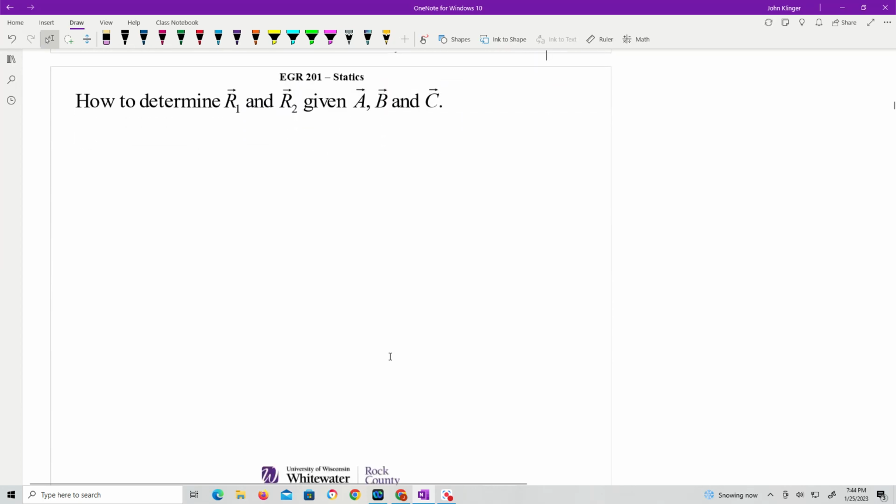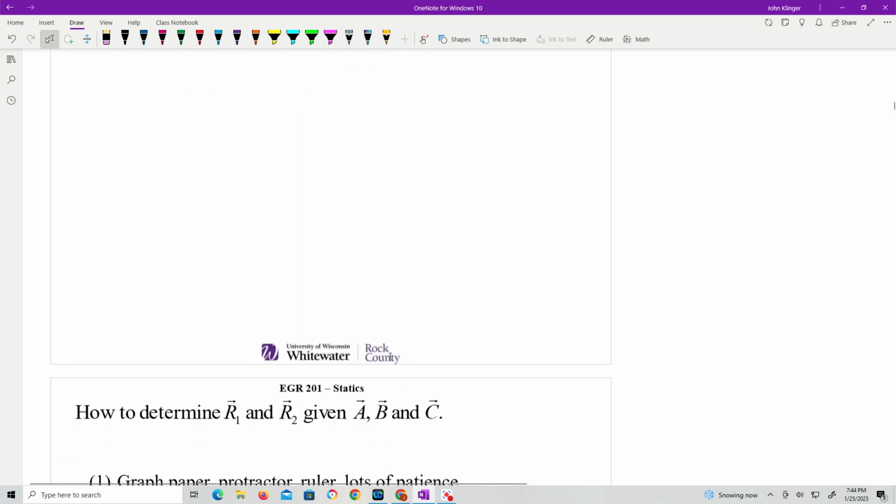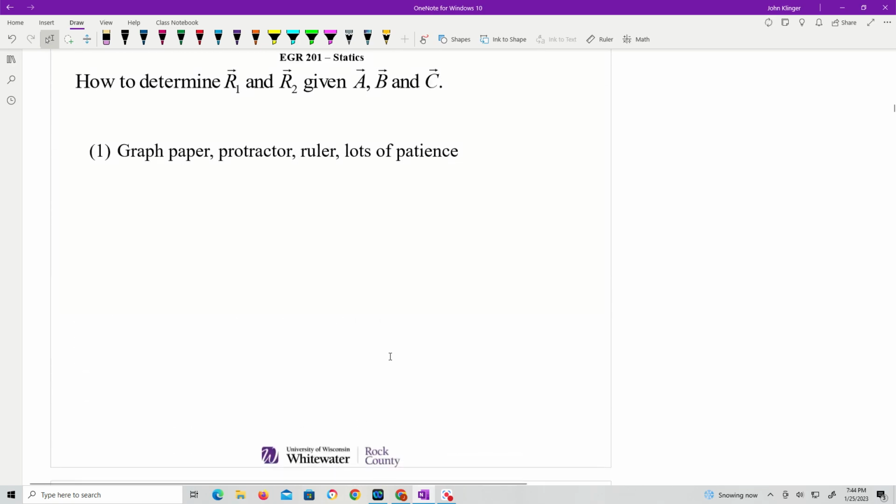So how do we actually add vectors together? One method is to use some graph paper and a protractor and a ruler, and a lot of patience, of course, and we can add these vectors together. You could also use CAD, right? You could use CAD and create those same vectors and then add them in CAD, and you'll get a more accurate one than just graph paper and a protractor and a ruler.